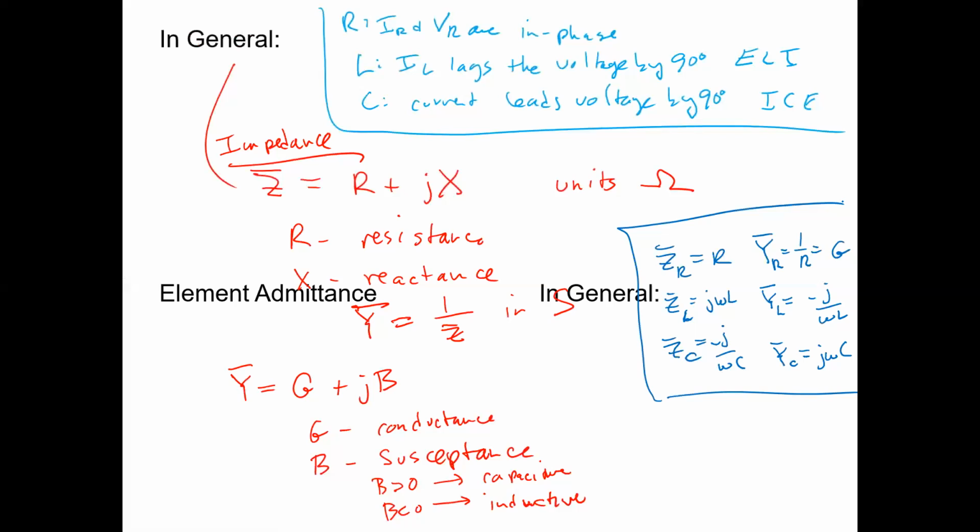So we've got to get through these last slides. They're really pretty fast, or three slides. Network reduction: impedances in series. Guess what? It's just like resistors, they add.